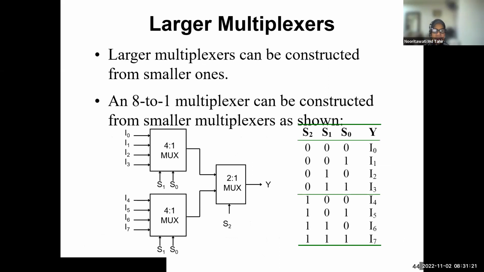Okay, larger multiplexer. Macam maknanya bagaimana kita nak implement 8-to-1 multiplexer menggunakan several 4-to-1 multiplexer.